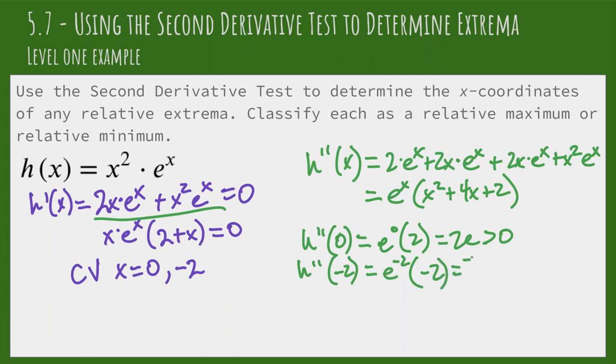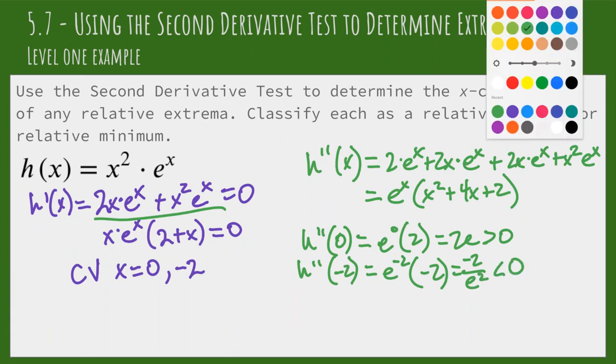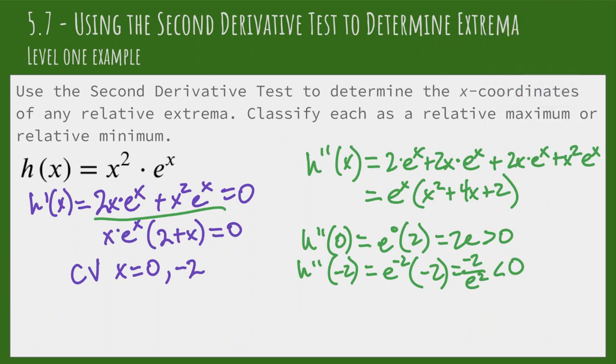So this is going to be negative 2 over e squared, and that's going to be a negative number. So based on that information, where the second derivative is positive, the function is going to be concave up, and therefore we're going to have a relative minimum. And then where the function is concave down, we're going to have a relative maximum.